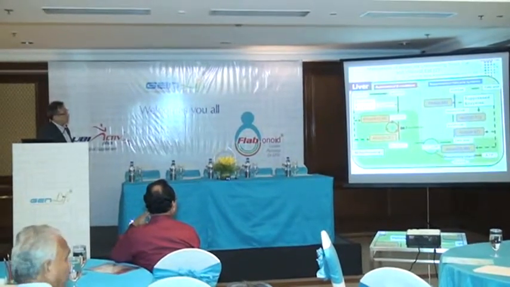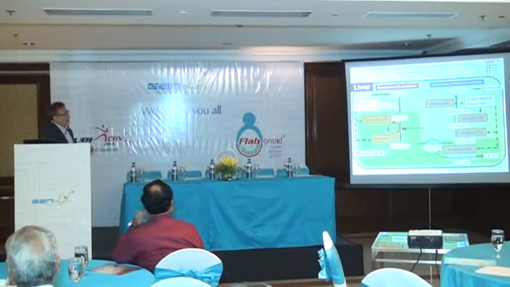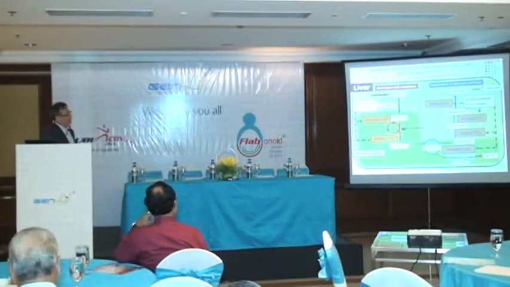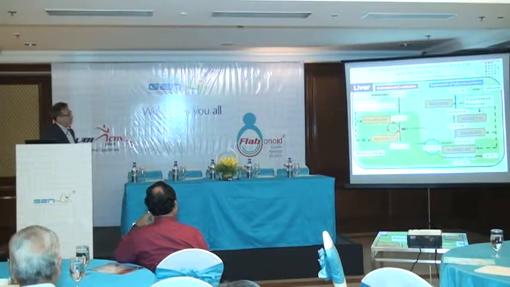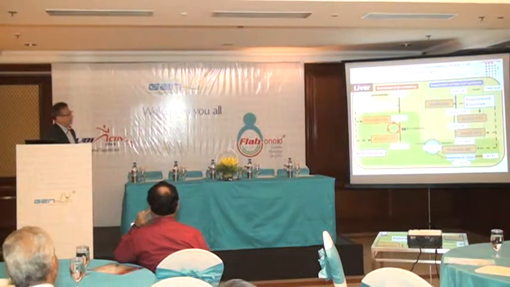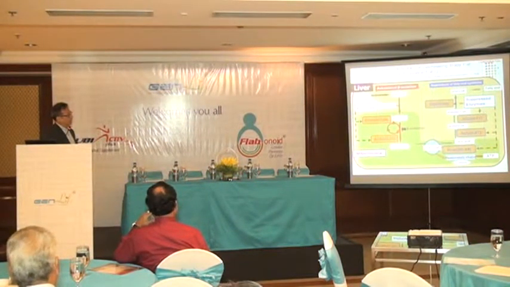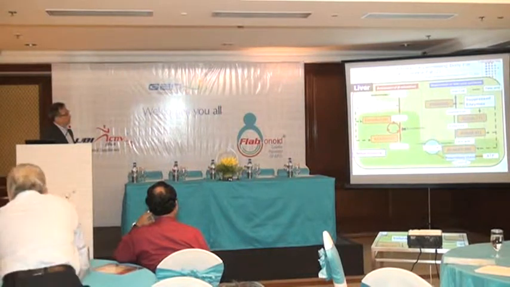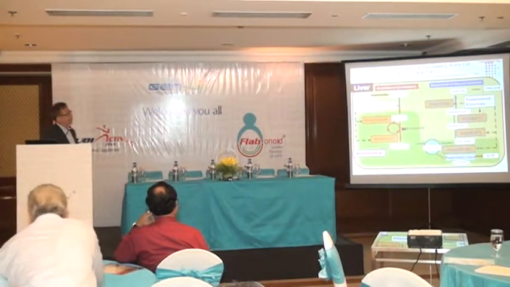EHHADH is a major enzyme in beta oxidation, and the expression of this gene became 2 times. ACAD, the same beta oxidation enzyme, became 1.4 times. So it means flavonoids activate beta oxidation.